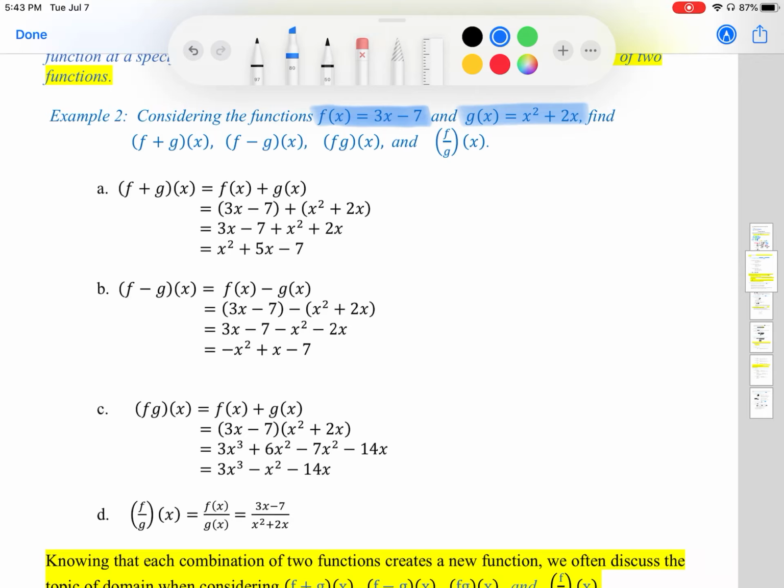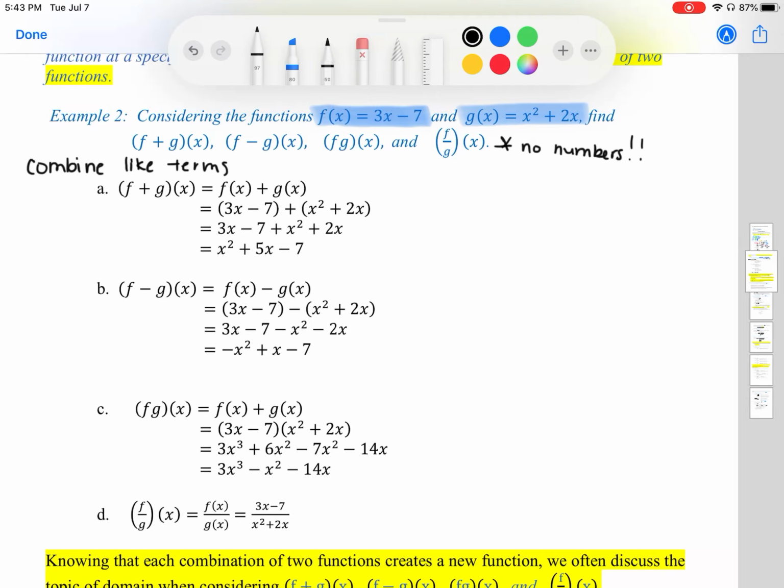So the difference here that makes it different from example 1 is there's no numbers. All we can do is just write as is and combine like terms whenever possible. And that's all you can do.